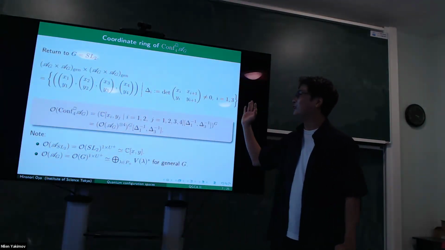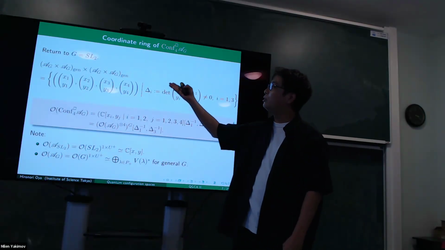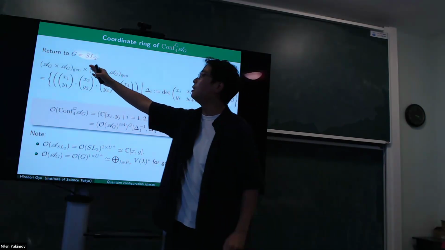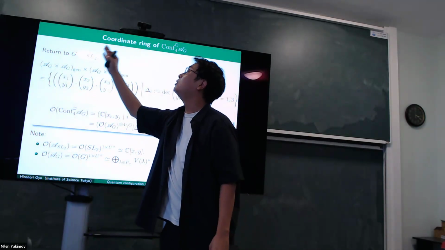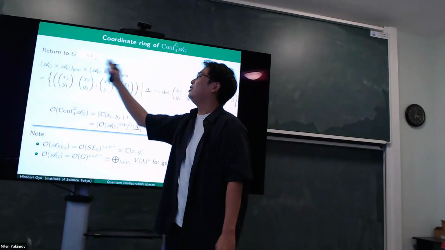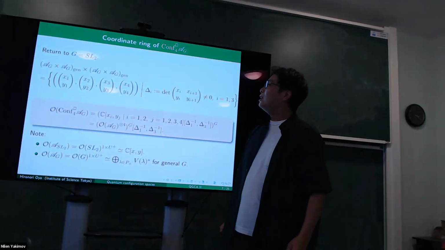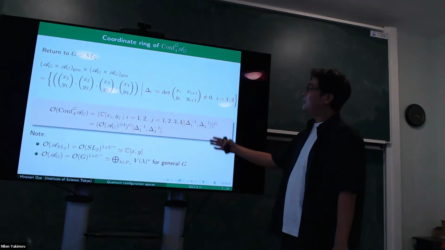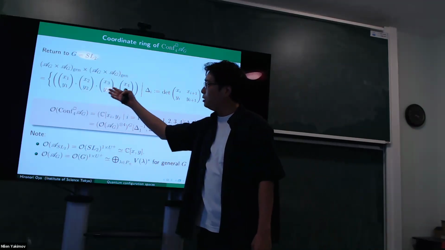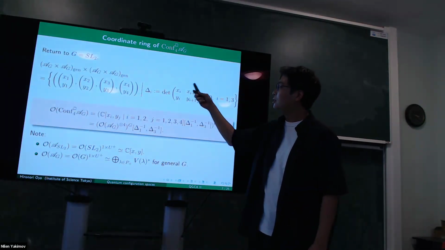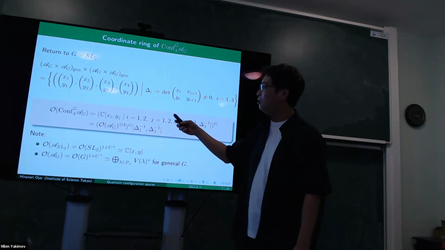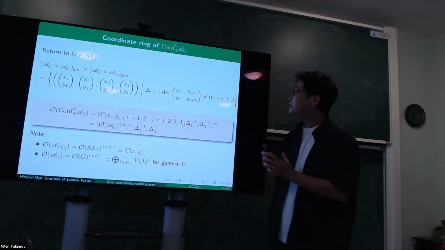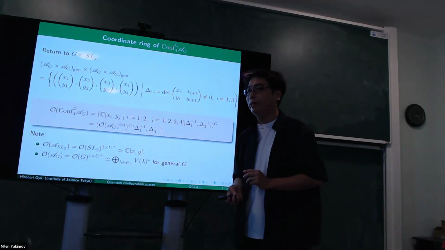It's described in this way, before dividing by the diagonal action. Two pairs of generic decorated flags can be described as the non-zero locus of this function in affine space.